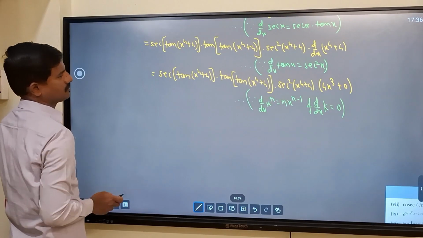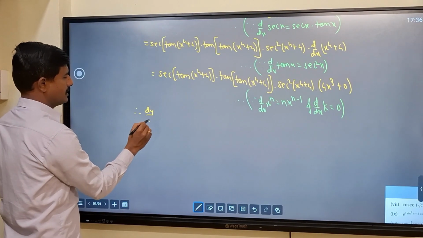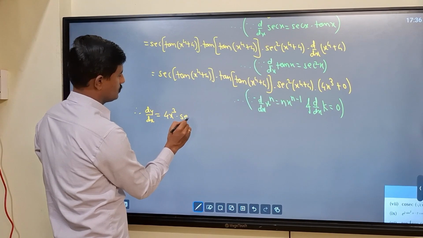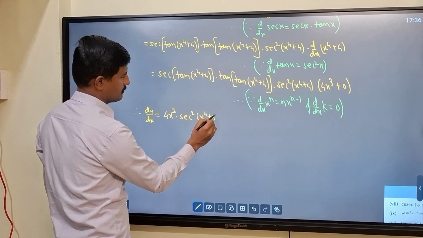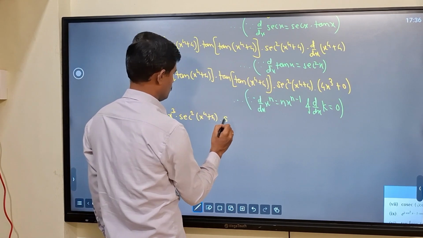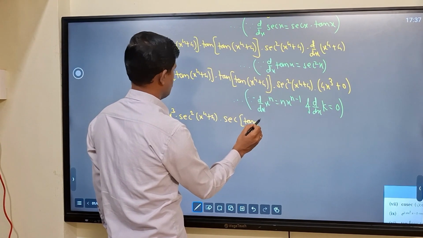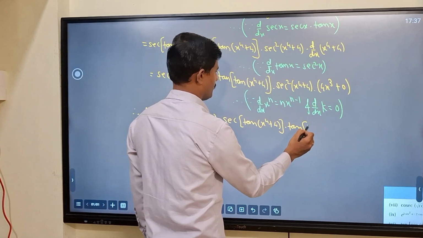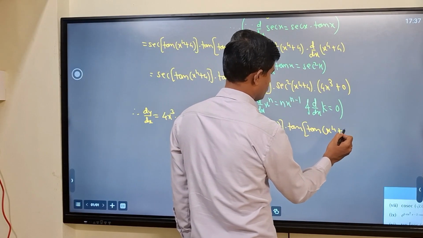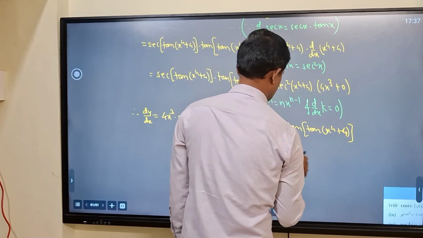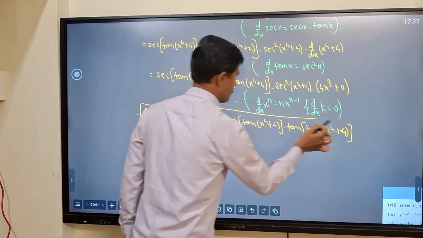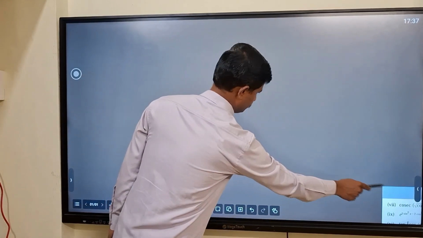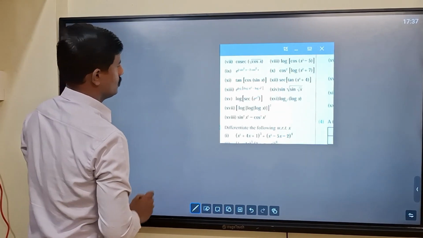Now last is rearrangement. Therefore, dy by dx will become 4x cube into sec square x raised to 4 plus 4 into sec of tan x raised to 4 plus 4 into tan of tan x raised to 4 plus 4. This is your answer. Okay. Now next, 13th one.